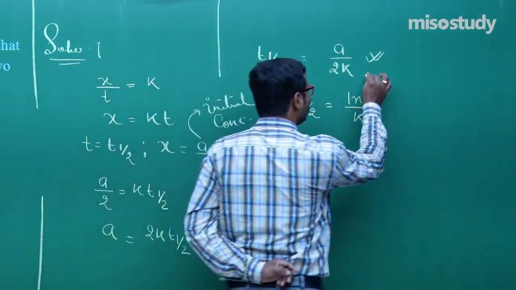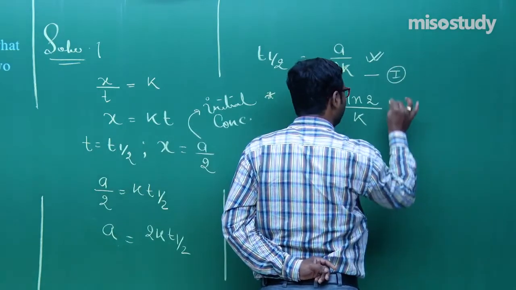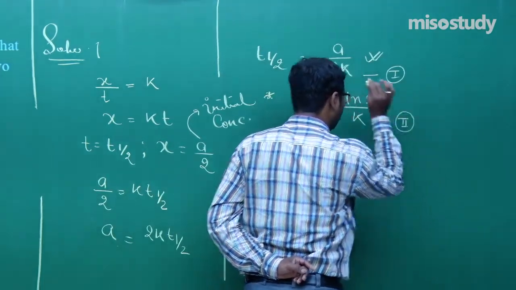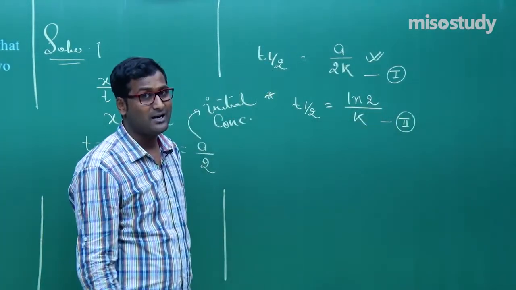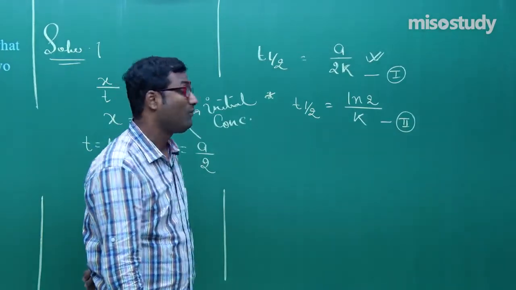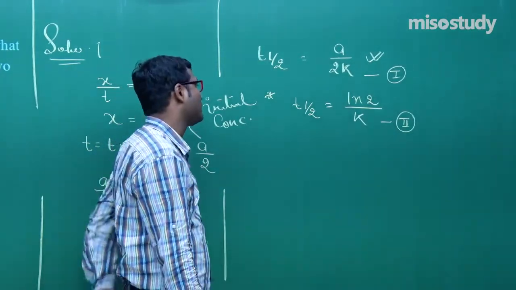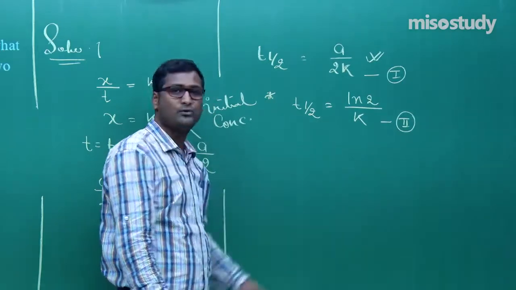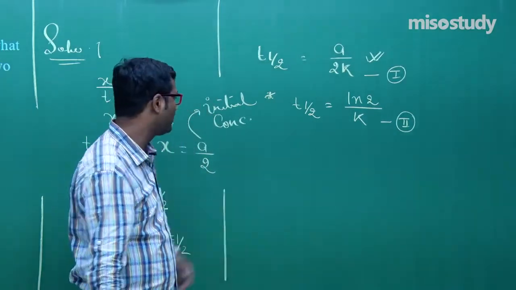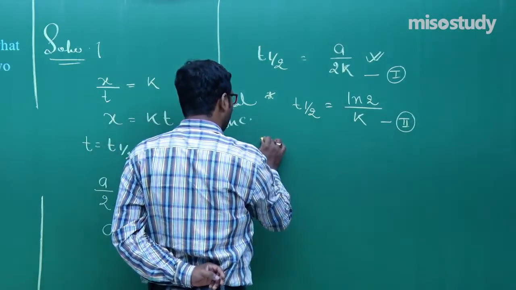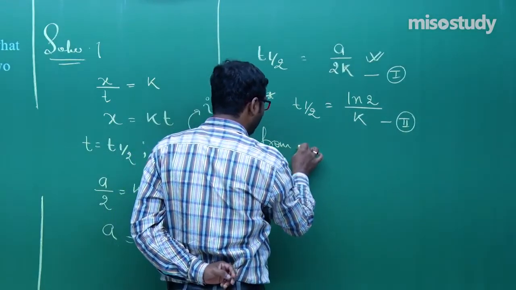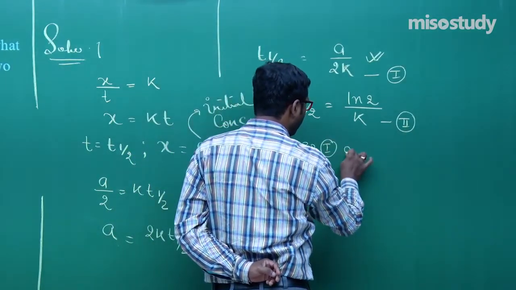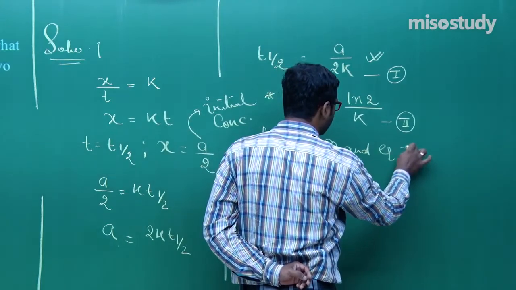Assume this is equation number 1 and this is equation number 2. Yes, sir. Now according to the question, what is given? For what initial concentration is the half-life of the two reactions equal? Now put the value from equation 1 and equation 2.